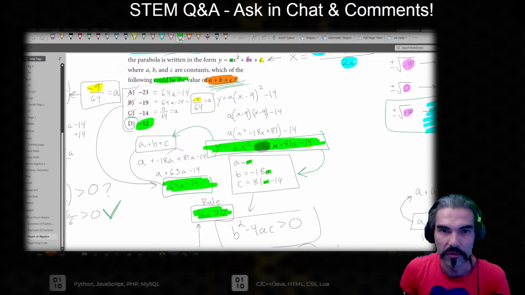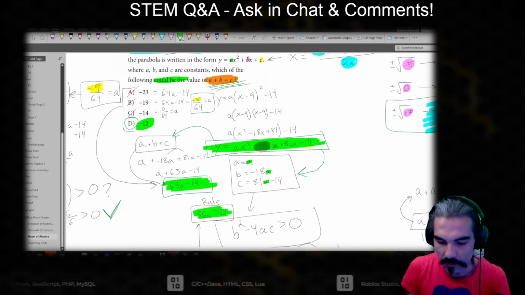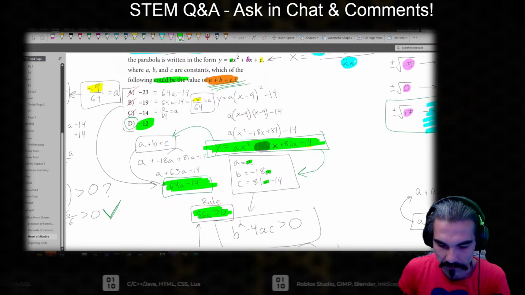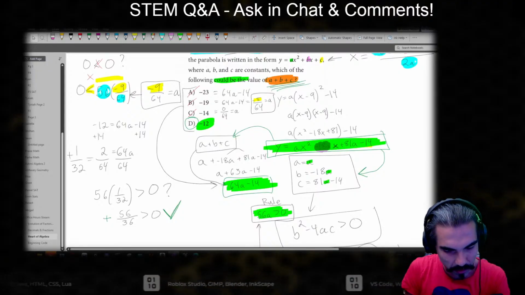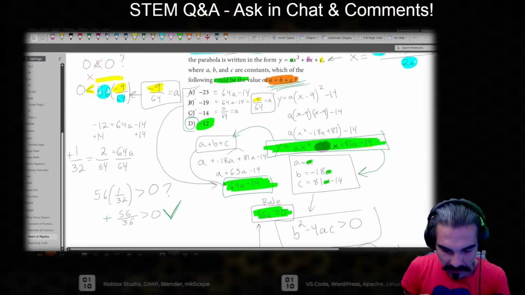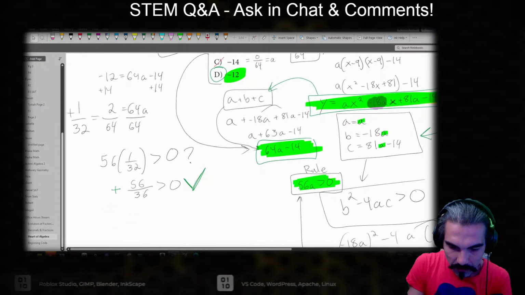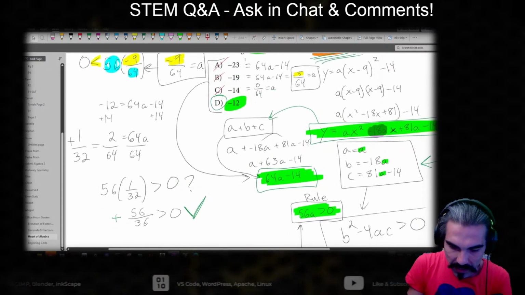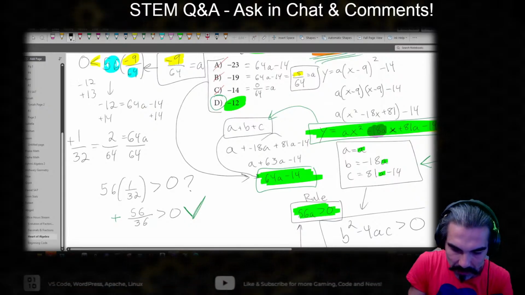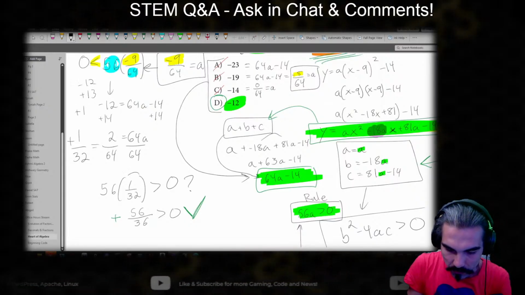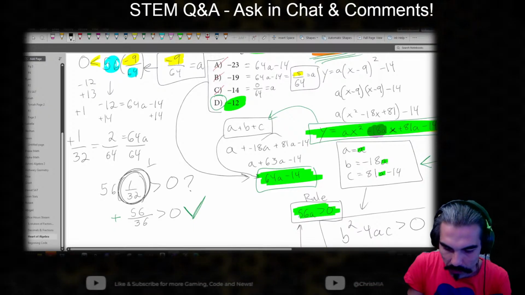But if we didn't have options, it could also be a million other numbers. It'll be basically any number bigger than 12. In fact, negative 13 would have worked as well, because that would have been a plus 13 on both sides, and a plus 13 and a minus 12 is going to give you a positive 1. So instead of 1 over 32, we would have got a 1 over 64.